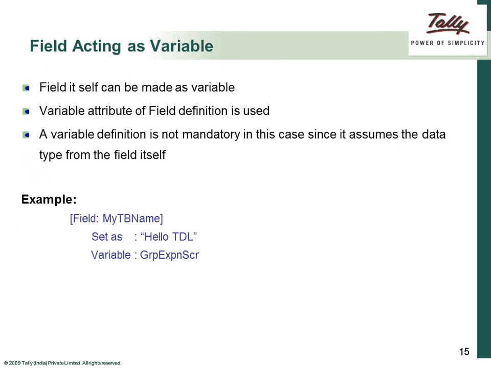What is important for a field to exist? Its data type. So even a field has a data type. So the moment a field has a data type and you declare a variable in that field, the data type is picked from there. We will be seeing this when we are writing our drill down reports. So just keep this concept in mind. There is something called a field acting as a variable.